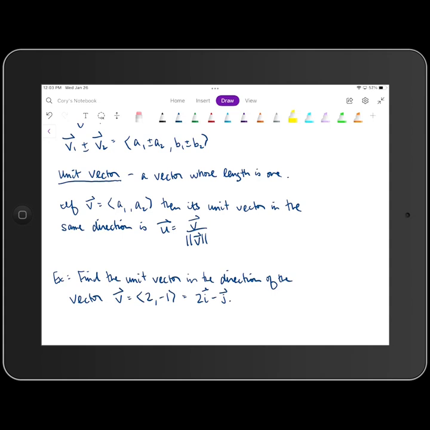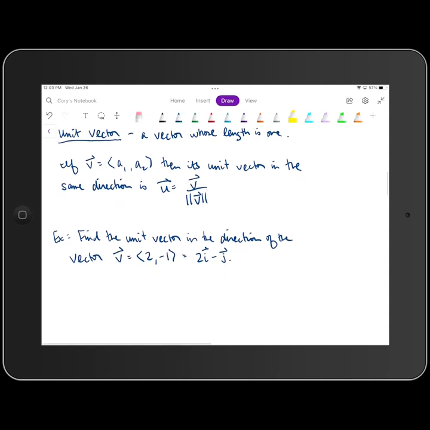Okay, so if we want to calculate the unit vector, that's going to be vector u, and that's going to be equal to vector v, which is the vector with first component 2 and second component -1.